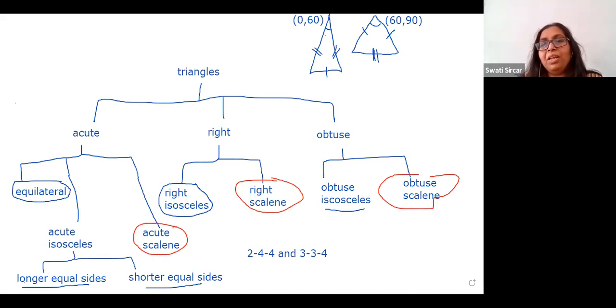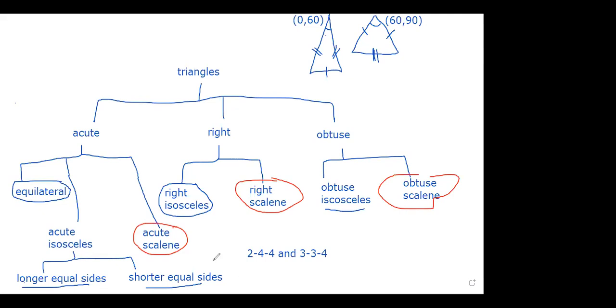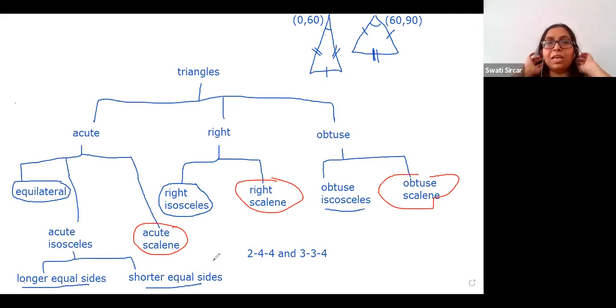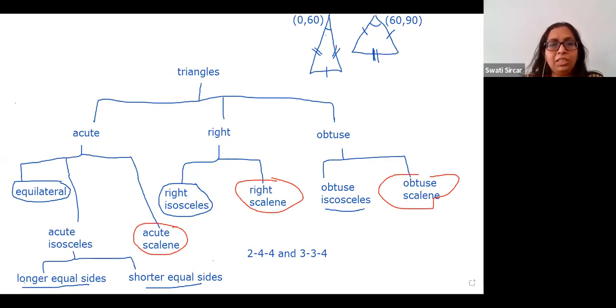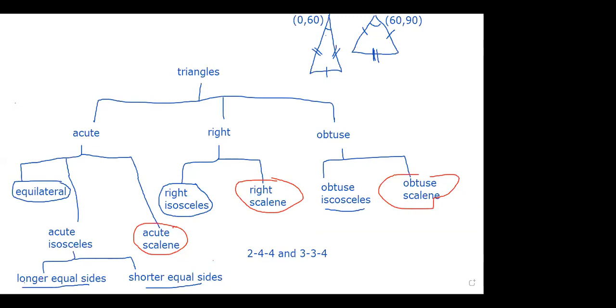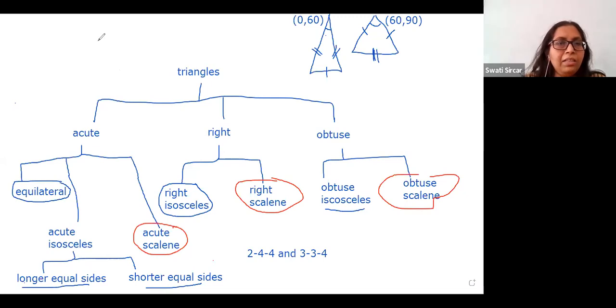Now, here's a homework question which I want you to think about and then answer later. Are you familiar with dot sheets? Yes, ma'am. And do you know that there are 2 types of dot sheets? Yes, ma'am. So let me write the question here.